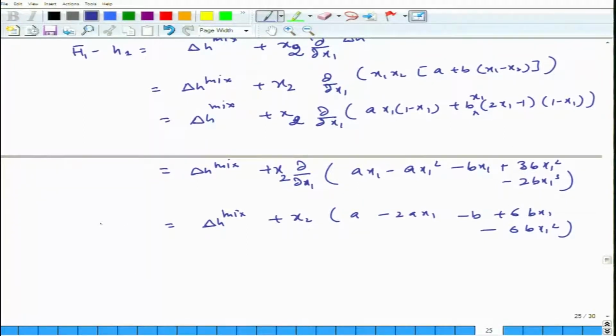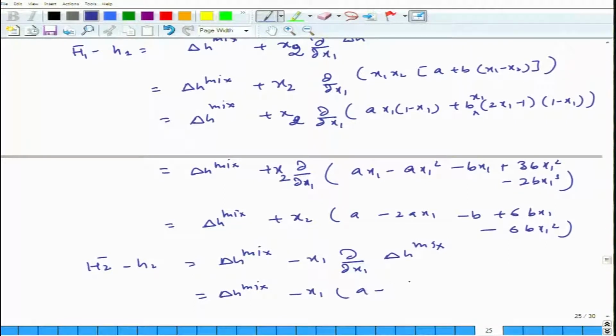Now, similarly you can also get the expression for delta H mix, which will be like x1 [a minus 2a x1 minus b plus 6b x1 minus 6b x1 squared], because this is the same as this. So, you got basically the expression for h1 bar minus h1 and h2 bar minus h2.